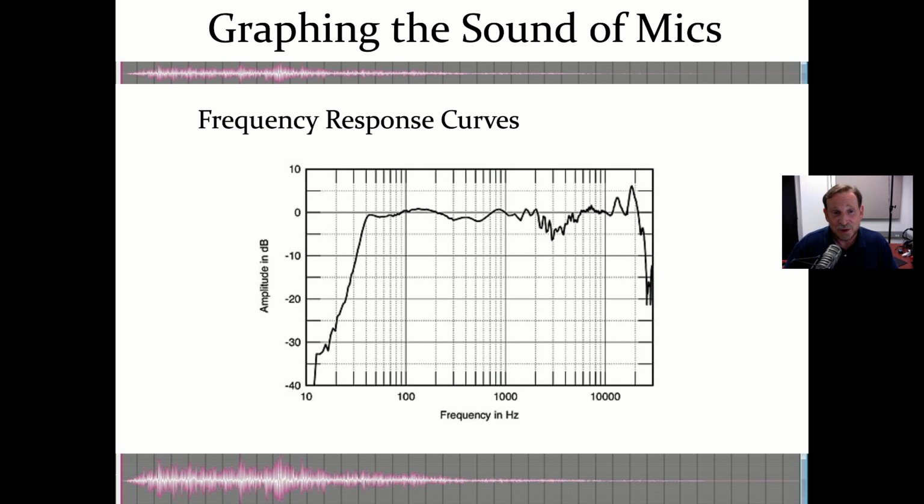This one moves along, but then there's a little bit of a drop off here. So if that's 1,000 hertz, 2,000, 3,000, 4,000, 5,000, we're actually losing some of those frequencies. And that is still in our mid-range area, right? Mid-range and upper mid-range. So that's something we have to be paying attention to.